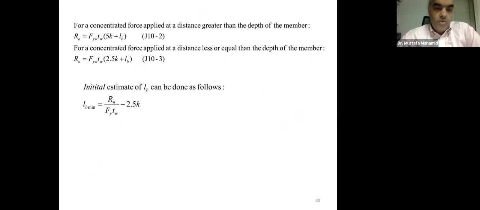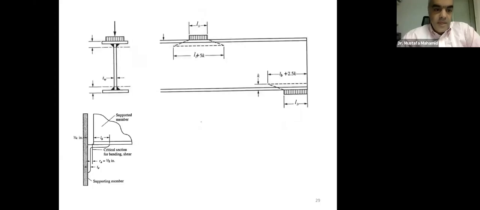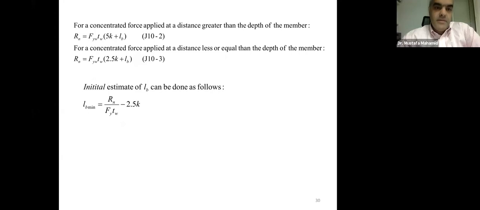That's the capacity divided by F sub y times the web thickness, minus 2.5 k, and k is the fillet distance, as you can see here, at the top flange and at the bottom flange. If it's a standard shape, you can get that from Table 1.1 of the AISC manual.